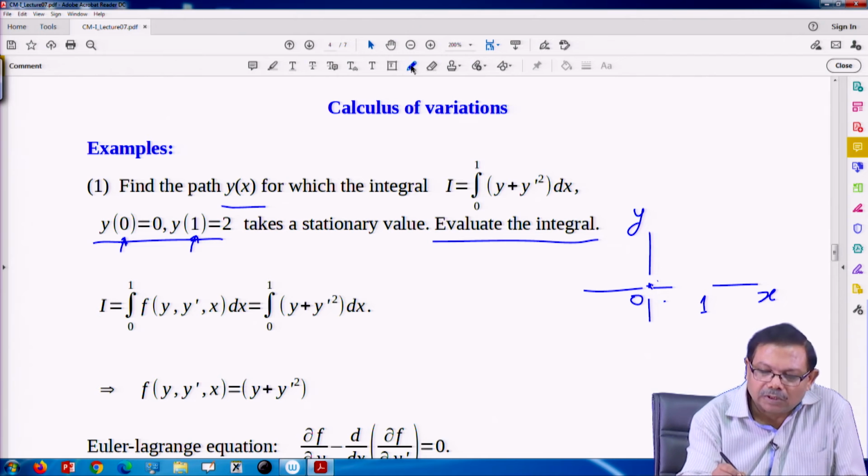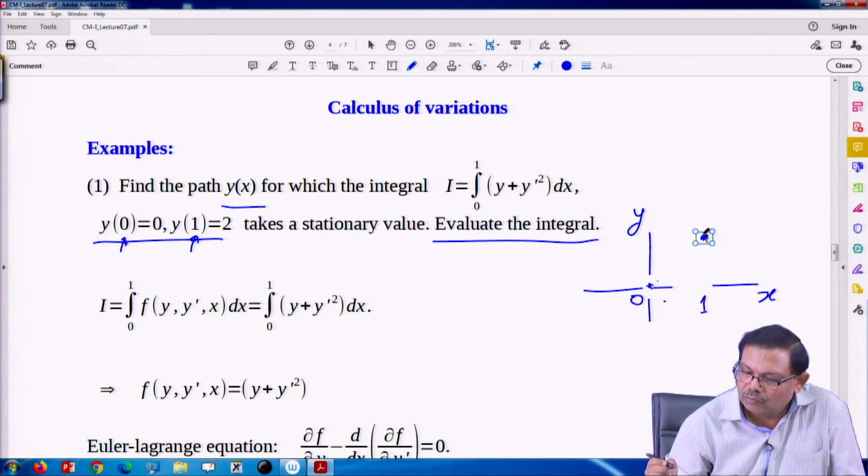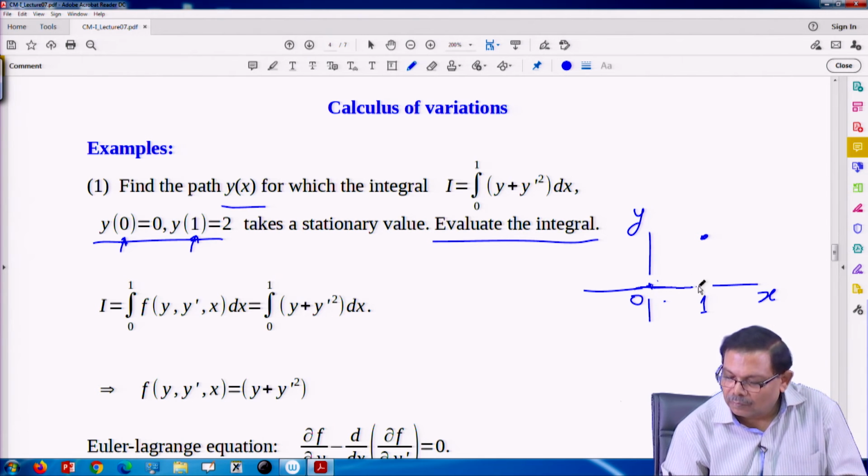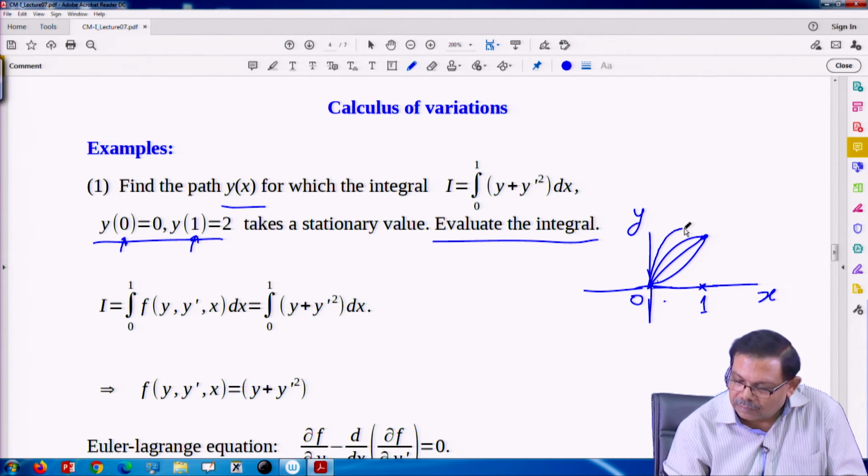So, I have to take a value 2 here. So, the curve has to pass through x equal to 0 and 1, with y equal to 0 and y equal to 2, so a curve something like this, and that is what I have to find out.